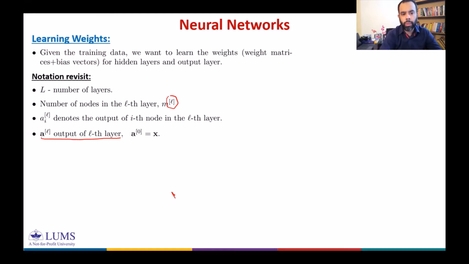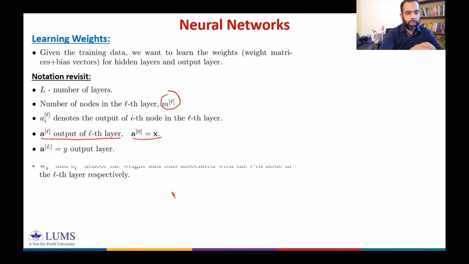The number of nodes in the lth layer, which is M superscript [l]. Obviously, A superscript [0] is equal to X because we do not count the input layer in the number of layers. Similarly, the last layer is my output layer. So A superscript capital L is equal to Y, the output.